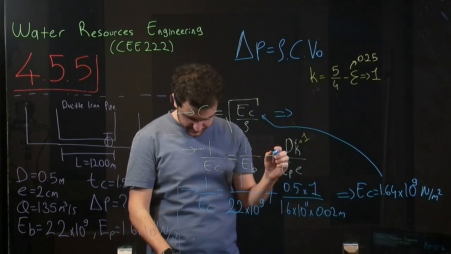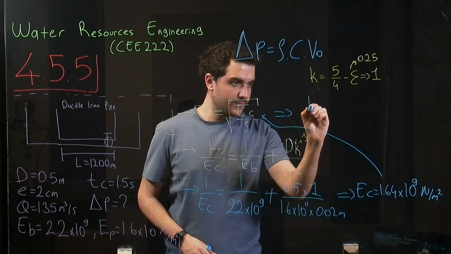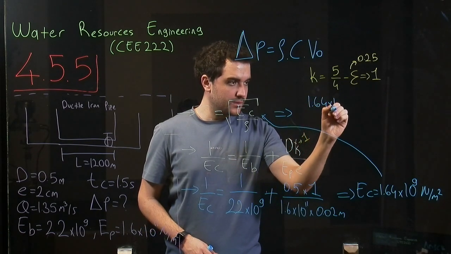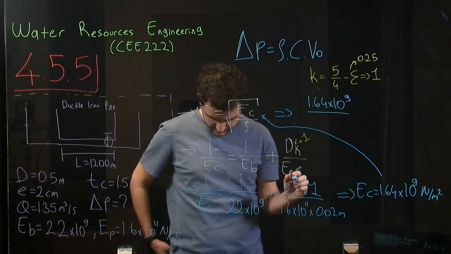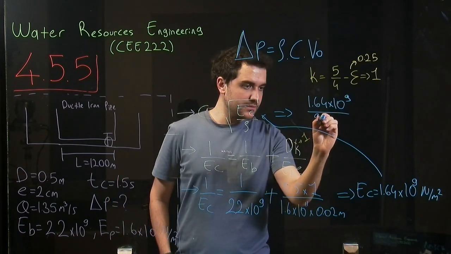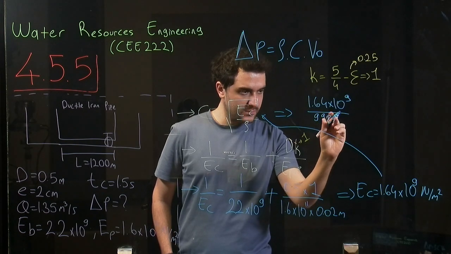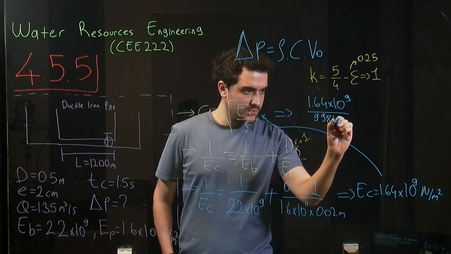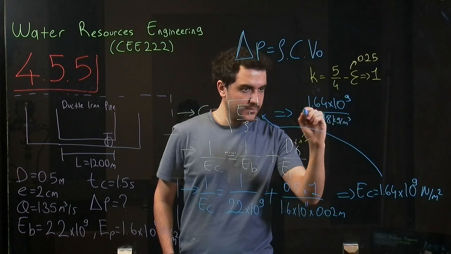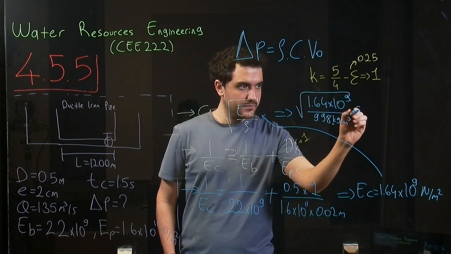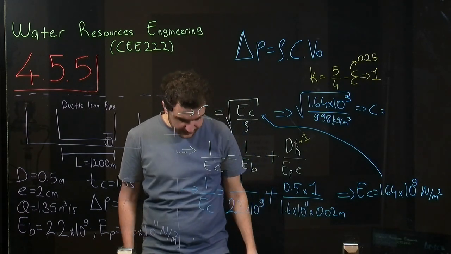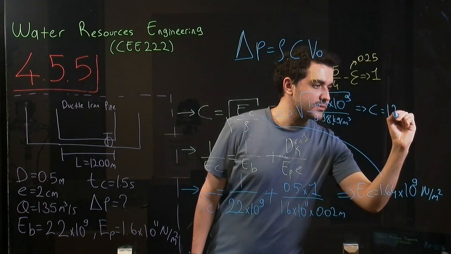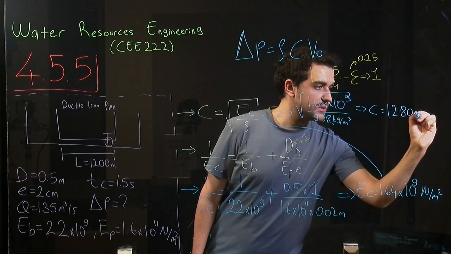So density, from there we can get C as 1280 meter per second.